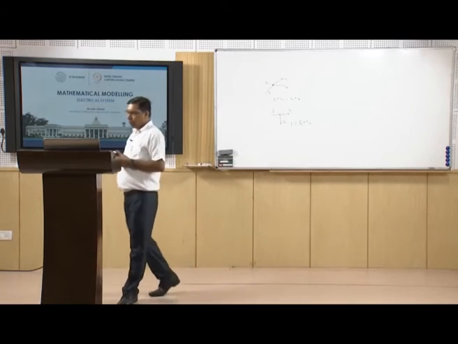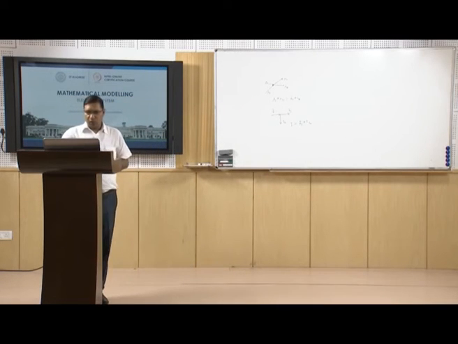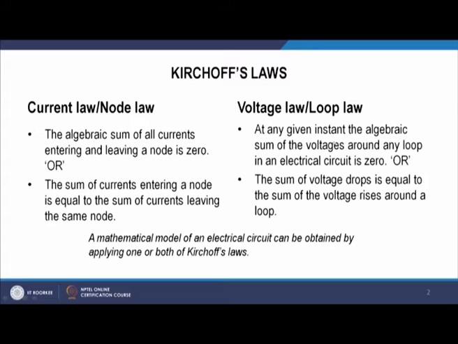Now, the voltage law or loop law tells that at any instant the algebraic sum of the voltage around any loop in an electrical circuit is 0, or the sum of voltage drops is equal to the sum of voltage rises around a loop.